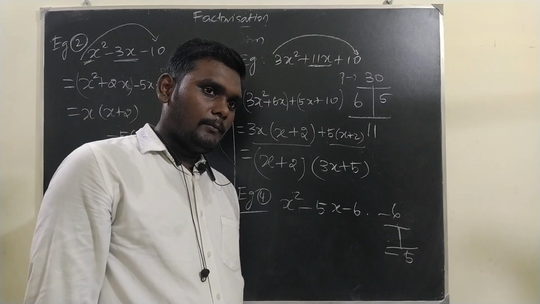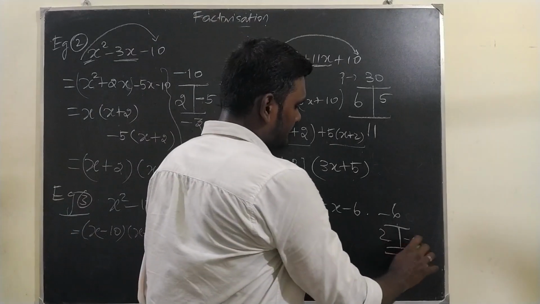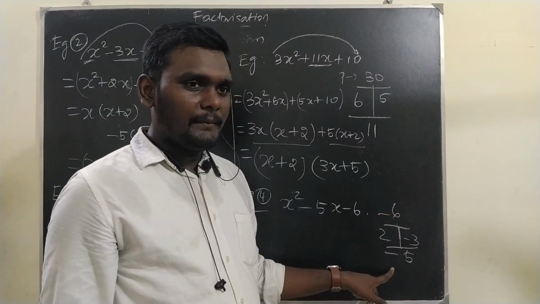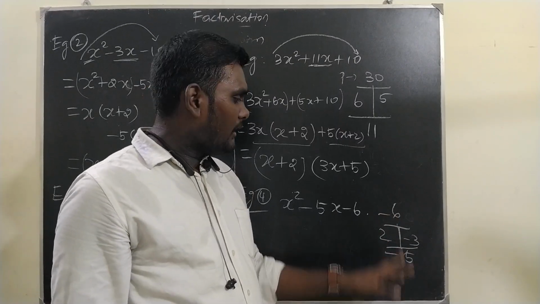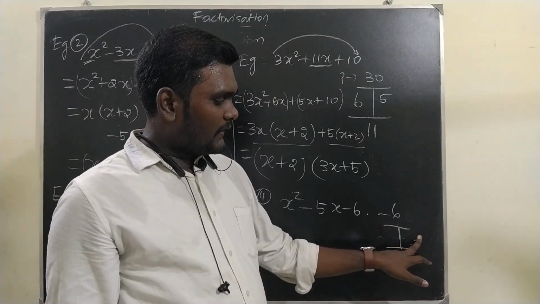Isn't it? Plus 2 minus 3 also you won't get. The product is minus 6, but the sum is not minus 5. Then any other way we can get 6: 1 6s.